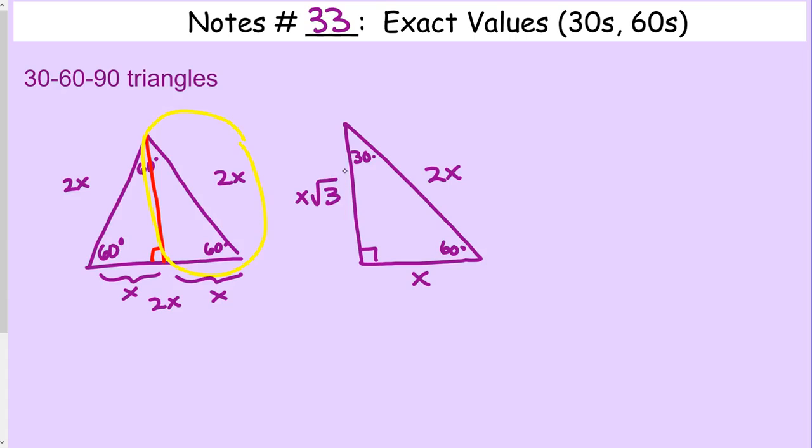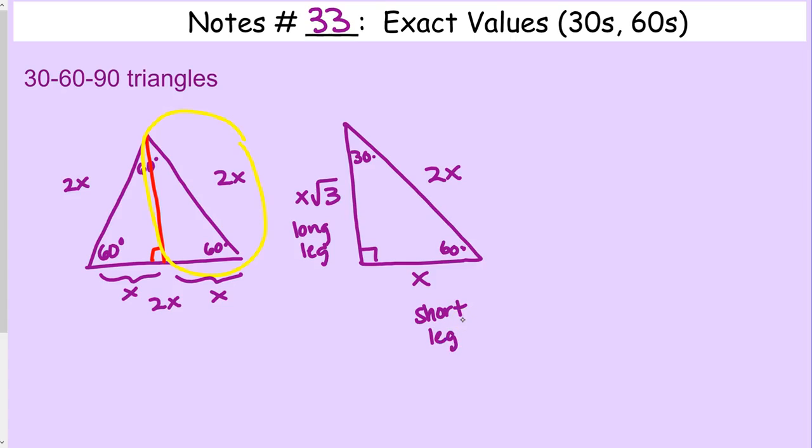So this means that every 30, 60, 90 triangle has sides in the ratio x, 2x, and x square root 3, where 2x is the longest. So the short leg is half the hypotenuse, and the long leg is the short leg times square root 3. The short leg is across from the 30-degree angle, the long leg is across from the 60-degree angle, and the hypotenuse is across from the 90-degree angle.